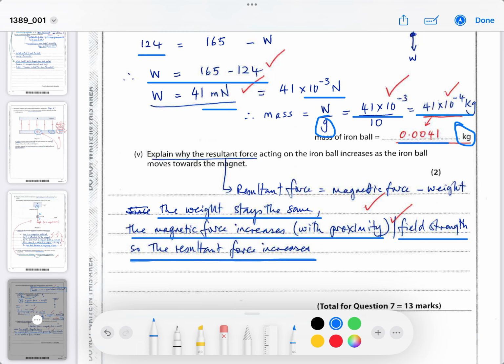So the resultant force will increase because the weight doesn't change, but the magnetic force gets stronger the closer it is. So it's proximity that increases the magnetic field strength. The gravitational field strength remains the same. So if you can explain all of that, you will get the 2 marks. I hope that makes sense.